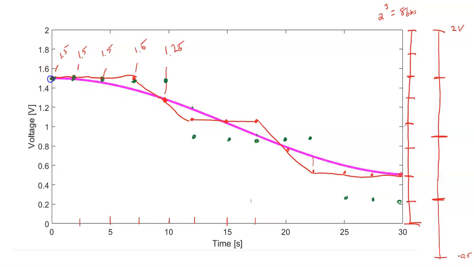So you can see the green curve would then end up looking like that. So much cruder, much more error between the actual magenta point and the green points.